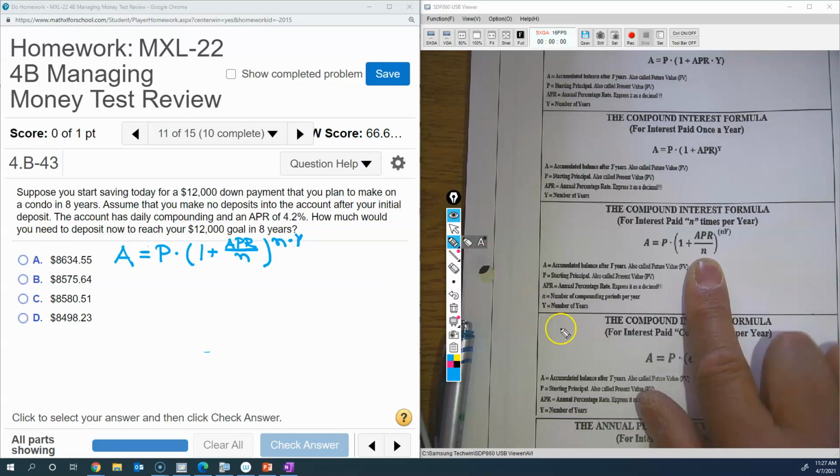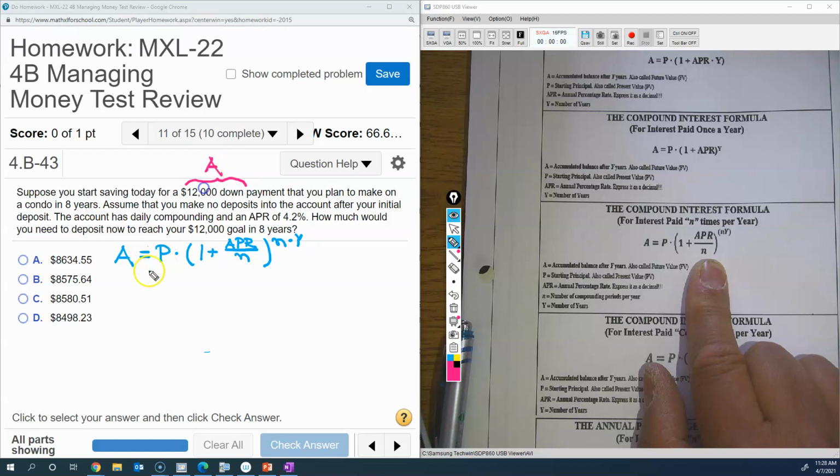All right, now I'm going to start filling in what the problem tells me. I want to end up with $12,000. So that's my A. Equals. The question is asking you, what do you start with?